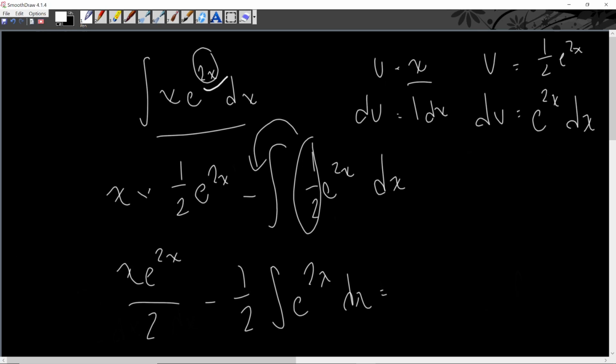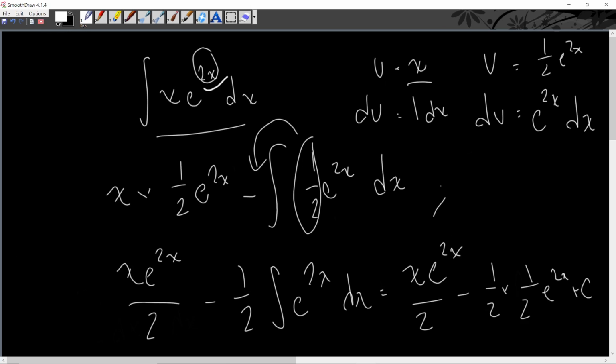We could do the work for this, but we already kind of did. So x e to the 2x. It's not x to the power of e to the power of 2x. It's going to be just x times e to the 2x over 2 minus 1/2 times 1/2 e to the power of 2x plus c.